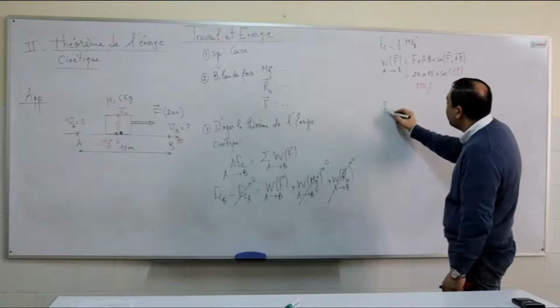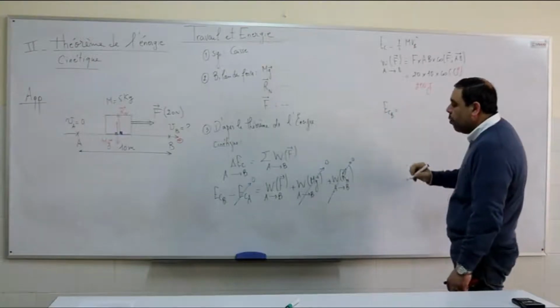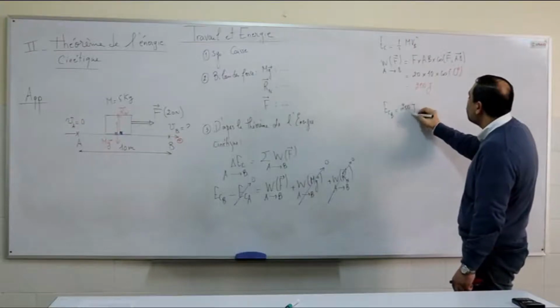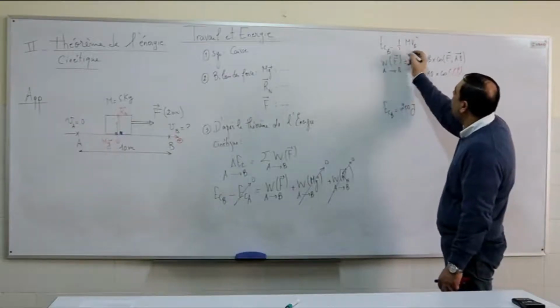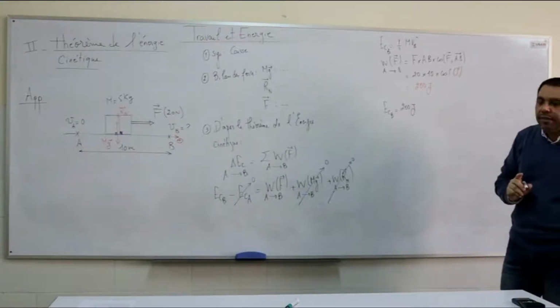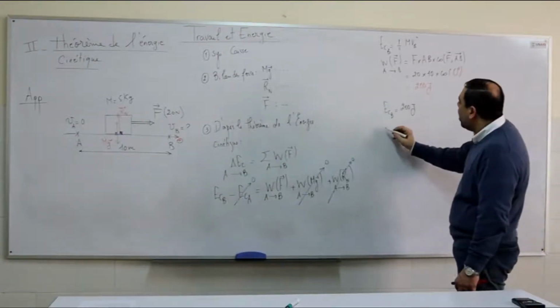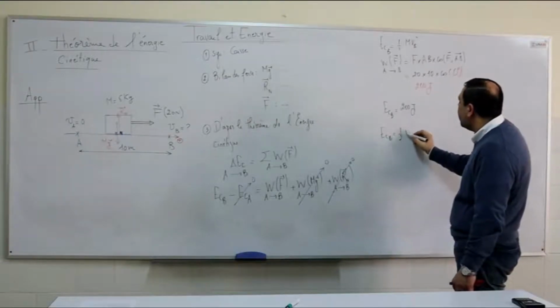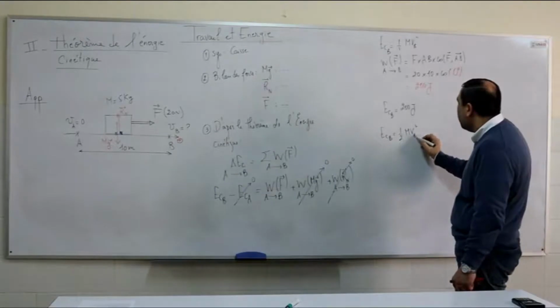But the kinetic energy is equal to half mv squared. So KE at B is equal to half mv squared.